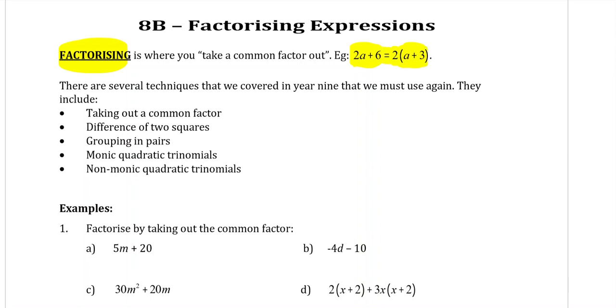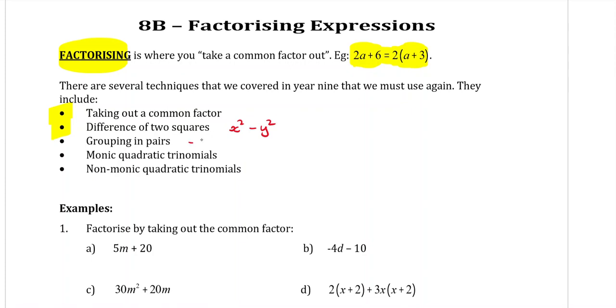Okay, so there are other types of factorising, though, that you have learnt about, and there's a list of them here. So taking out a common factor was the one we just talked about. We could do a difference of 2 squares. These ones have 2 terms that are usually in the form of something squared minus something else squared.